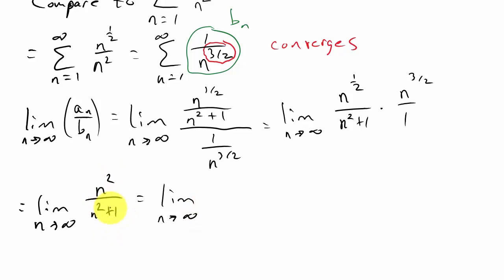And remember, when you have a rational expression and you're doing the limit as n goes to infinity, all you have to do is keep the term with the largest exponent from the numerator and the denominator. So that's n squared over n squared. So I keep this term and I keep this term. And this just reduces to the limit as n goes to infinity of 1, and that's just 1. So our limit is 1.